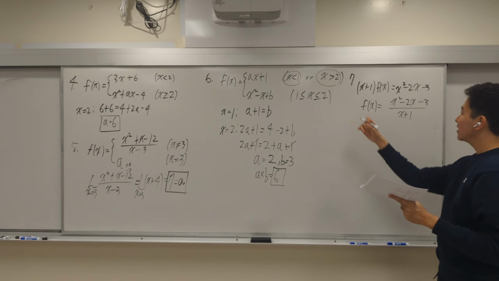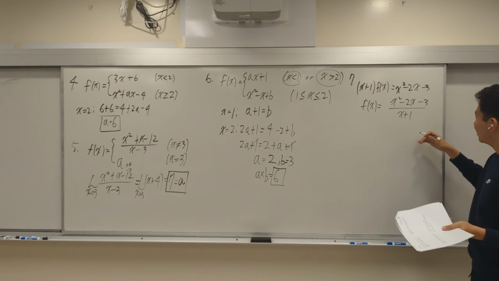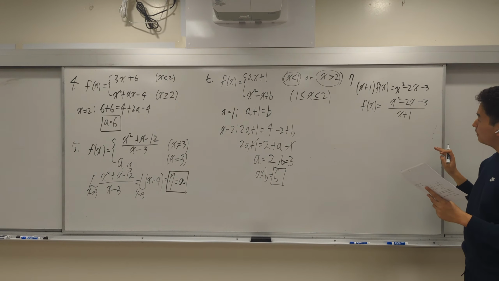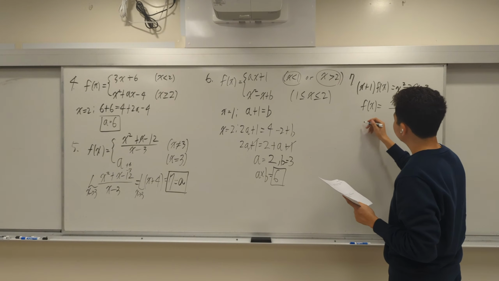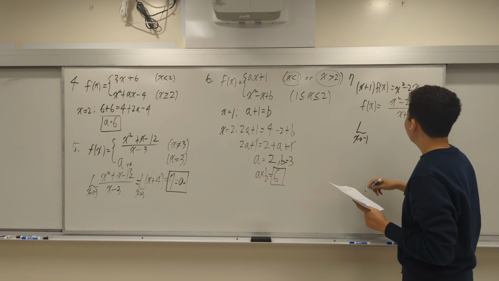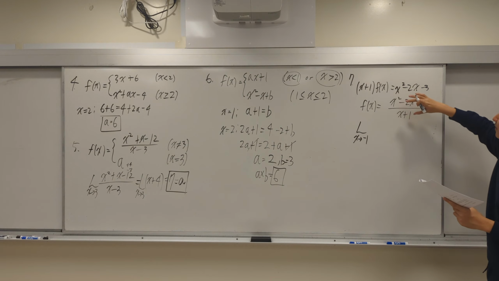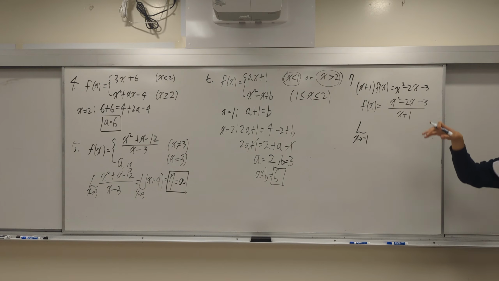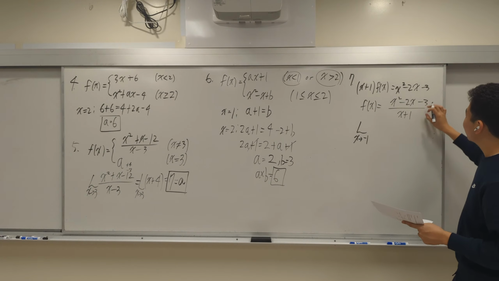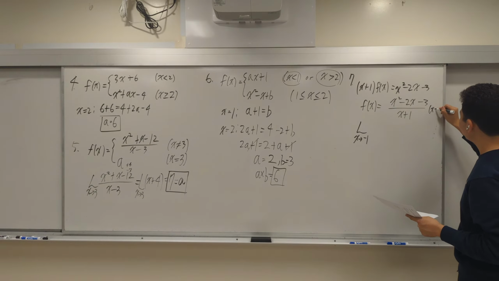If we plug in negative 1, this will be undefined. But we can take the limit as x goes to negative 1. By dividing by x plus 1, we automatically assume that x plus 1 is not equal to 0, so this expression only holds when x is not equal to negative 1.